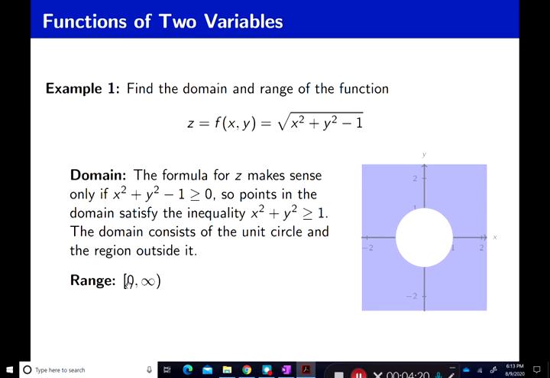Considering that the inside function can be as low as 0, and as high as you want, as positive infinity, the output of the square root is going to be 0 to infinity.